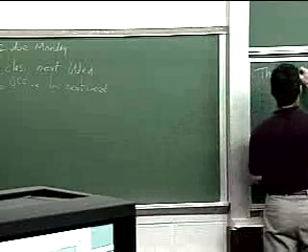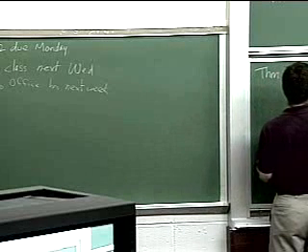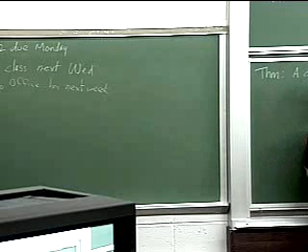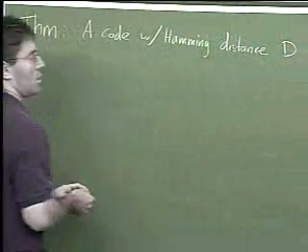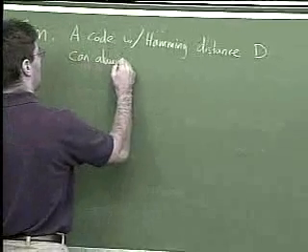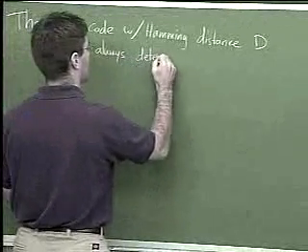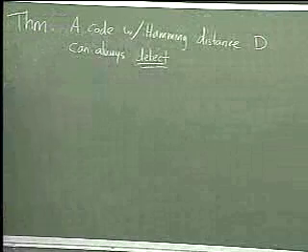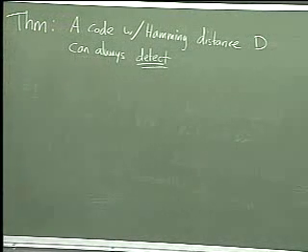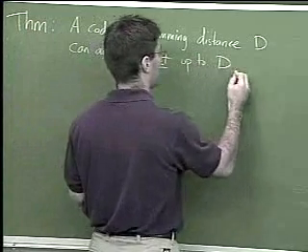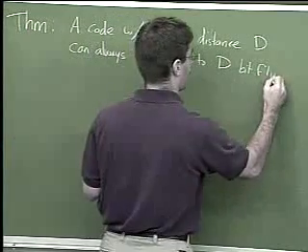So, a code with Hamming distance D can always detect up to D bit flips.